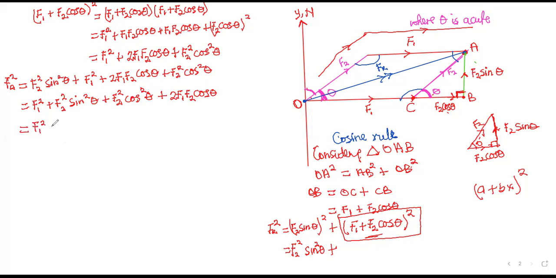F1 squared, let's factorize out F2 squared into a bracket: sine squared theta plus cos squared theta, plus 2F1 F2 cos theta.